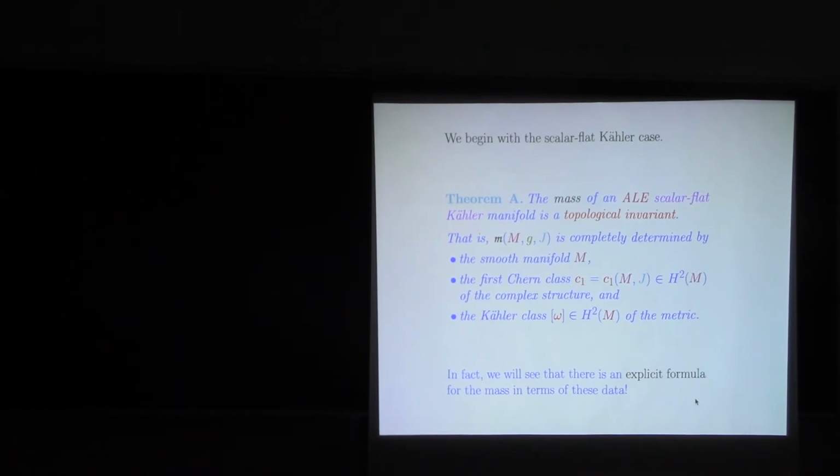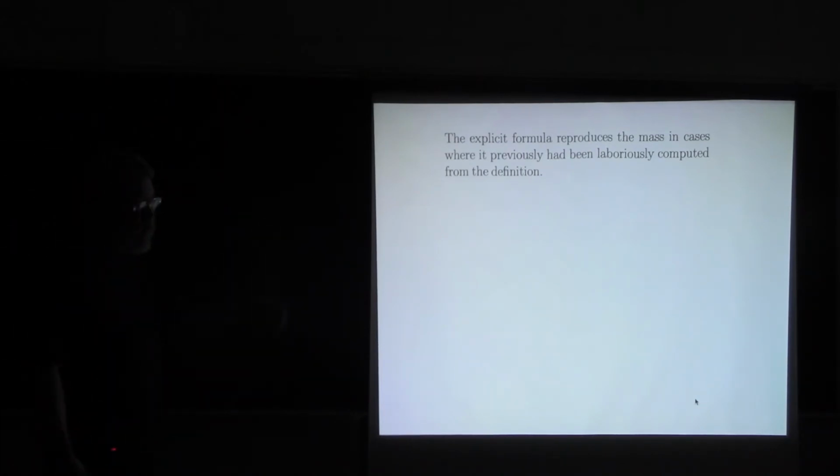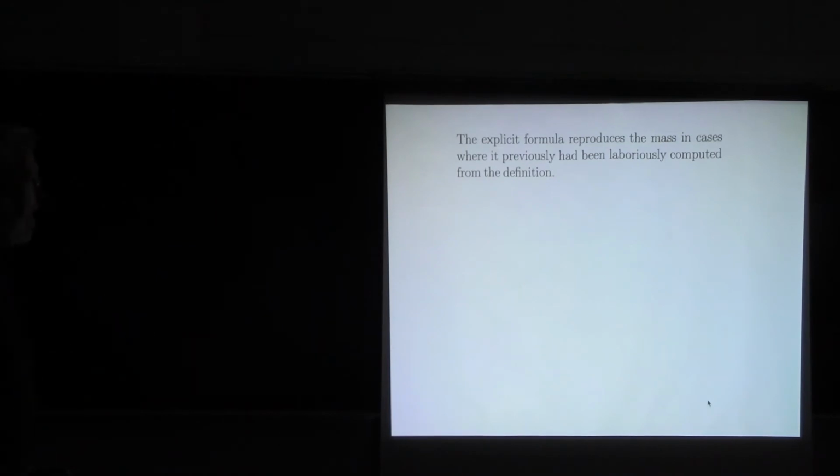In fact, the underlying fact is, this is an abstract statement that it's an invariant, but in fact, there's a formula. And I'll show you the formula in a moment. So before, when I calculated the mass in that example, I just did it by brute force. It turns out, if I'd known what I was doing, I could have seen that it was just some nice topological thing.